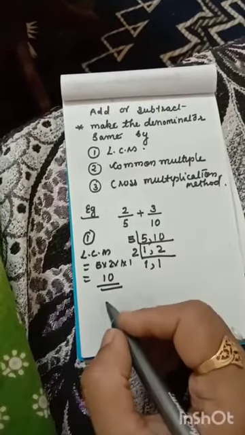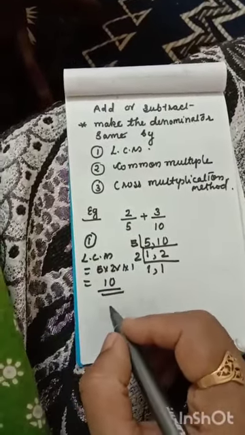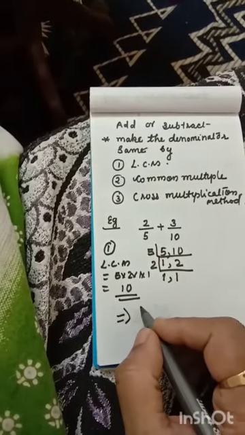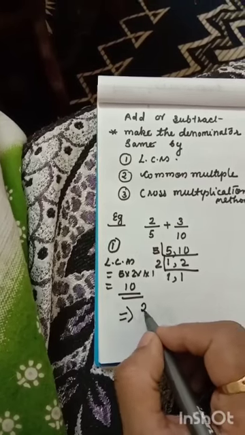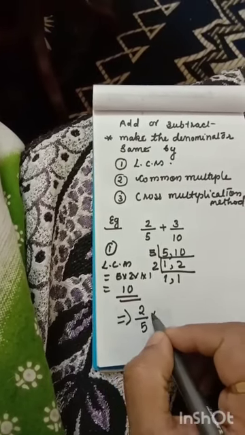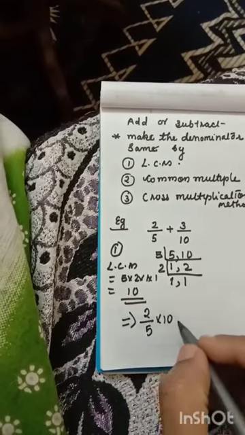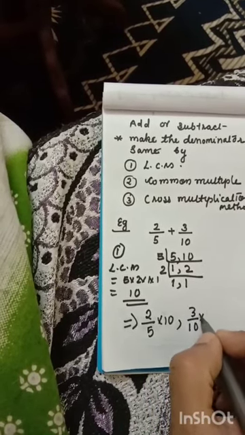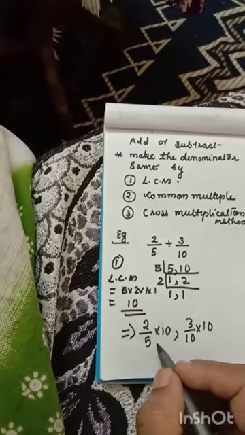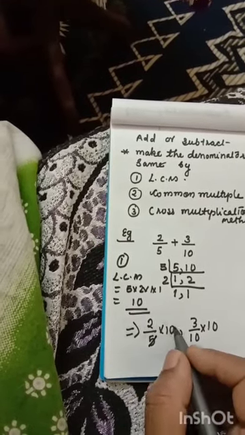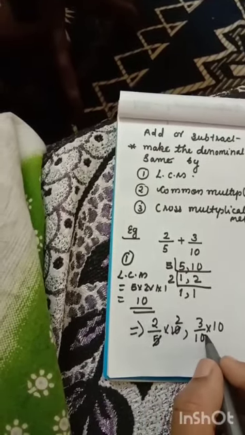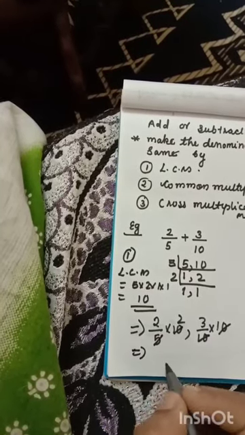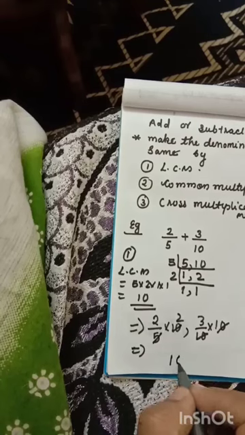Now, when you get the LCM, what is the next step? With the LCM, you have to multiply each rational number. 2 by 5 into 10 and 3 by 10 into 10. In 2 by 5 into 10, cut out 5, 2 are 10, and 10, 10 will be cut out. What is the answer? Your LCM is 10.